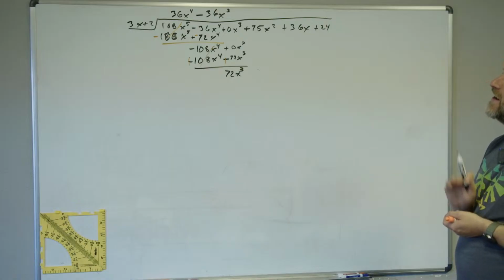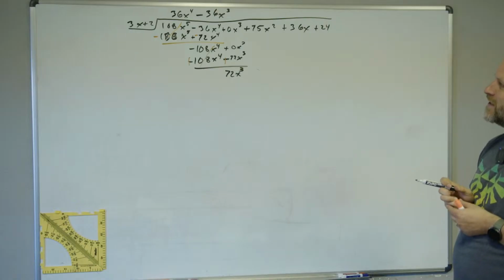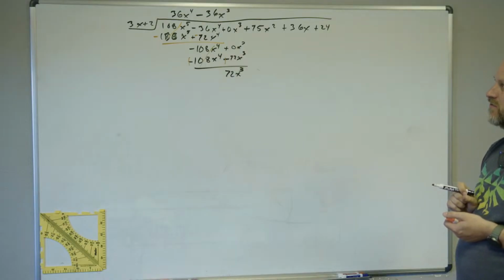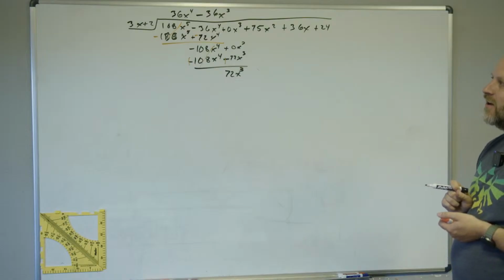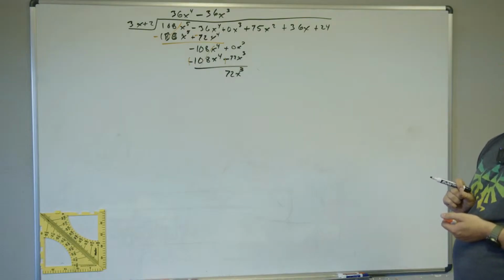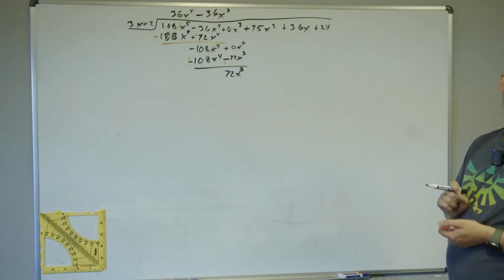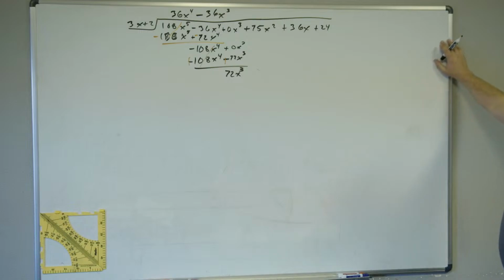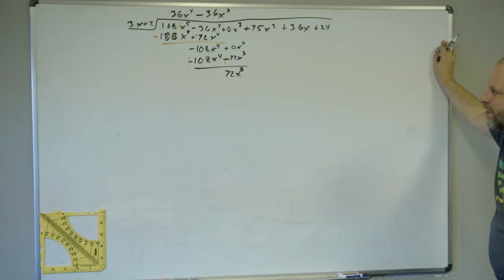Okay, great. 3x goes into negative 36x cubed how many times? Say that one more time. 12. Negative 12. Yeah, negative 12. You're right, but I'm not really even asking the right question. 3x goes into 72x cubed how many times? That would be 24. Negative, or no, just 24.